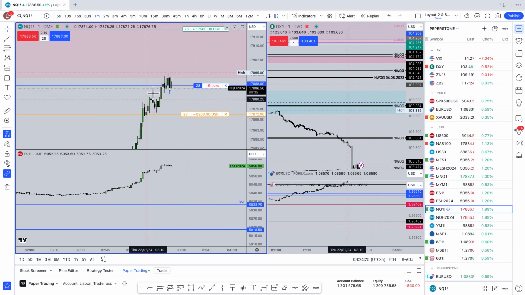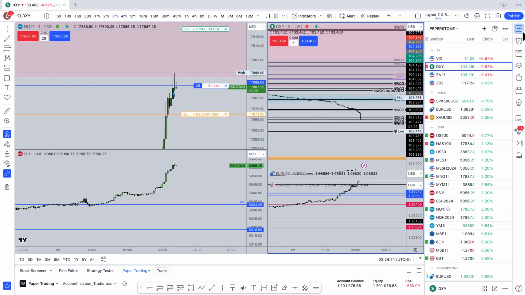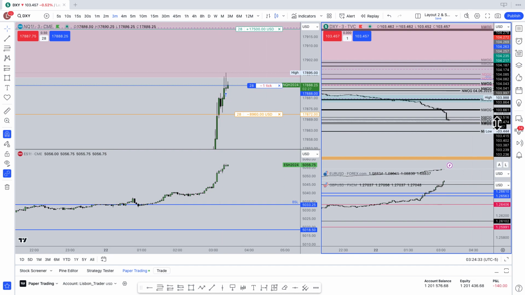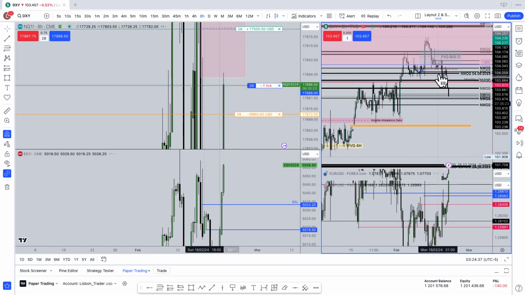There's a 3 drives pattern here, so there's a risk of this falling short. DXY retracted yesterday and is now pushing lower.